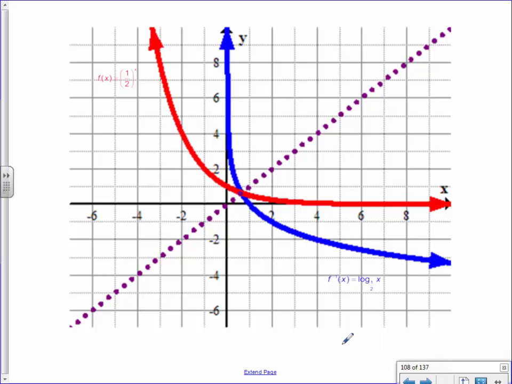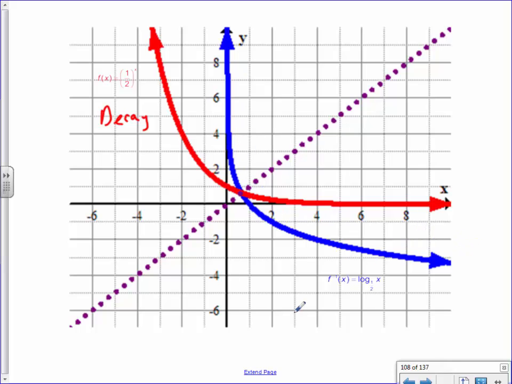Okay, you guys know how you can have an exponential graph that goes downhill? For example, this red graph right here is going downhill. We call the red graph here decay. Well, you can also have a decaying logarithmic graph. And that would be what we have right here in blue. This blue graph right here is a decaying logarithmic graph.